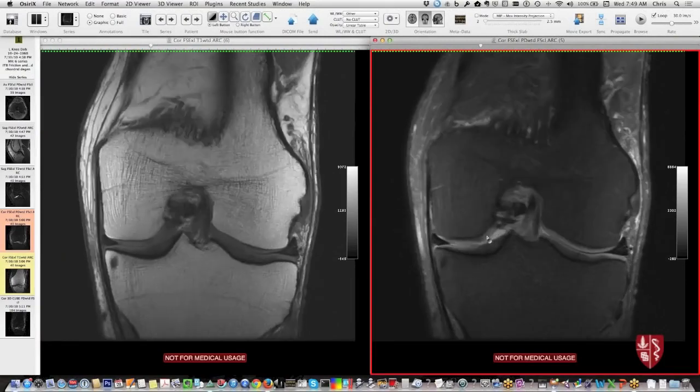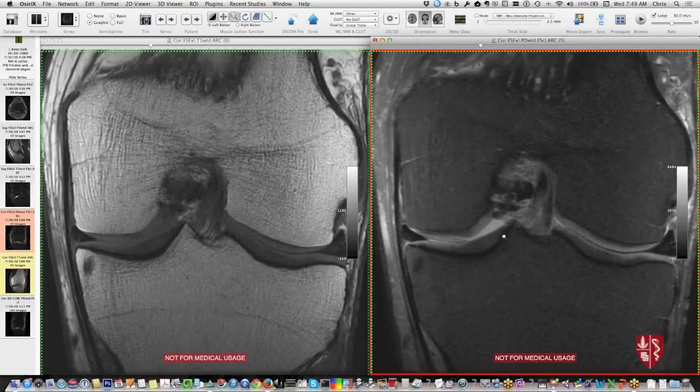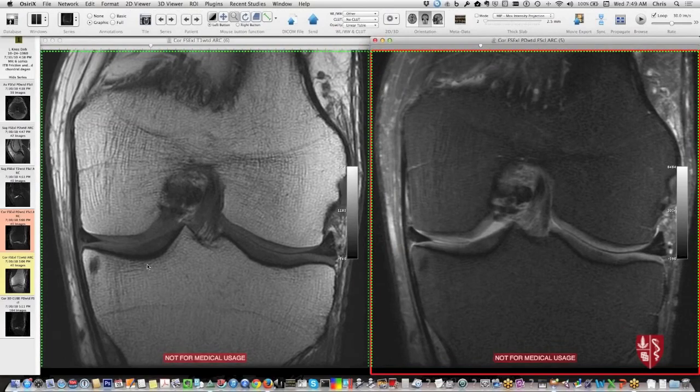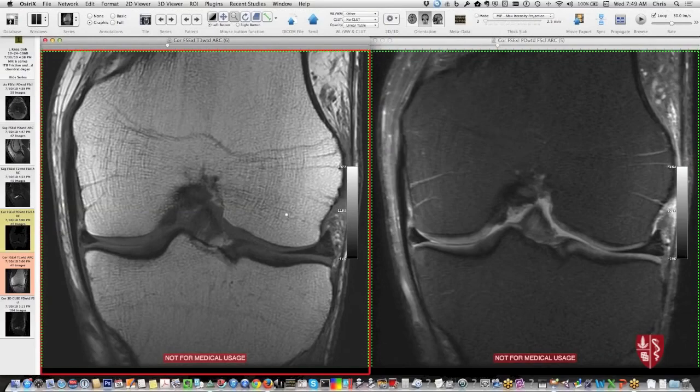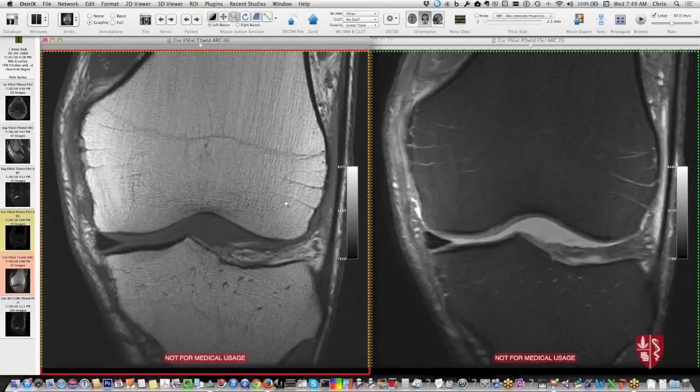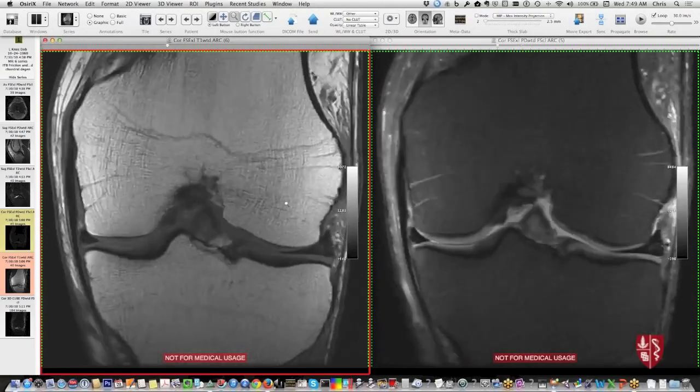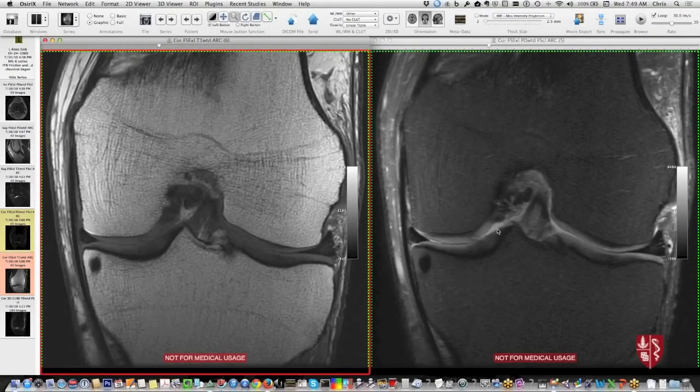That's where the fluid sensitive sequences are probably the most helpful, because on a T1 weighted scan, you don't really have great contrast between cartilage and fluid. The definition of a T1 is that fluid is low signal relative to cartilage, at least operationally. So not much contrast there, but on this PD fat set, you have great contrast.